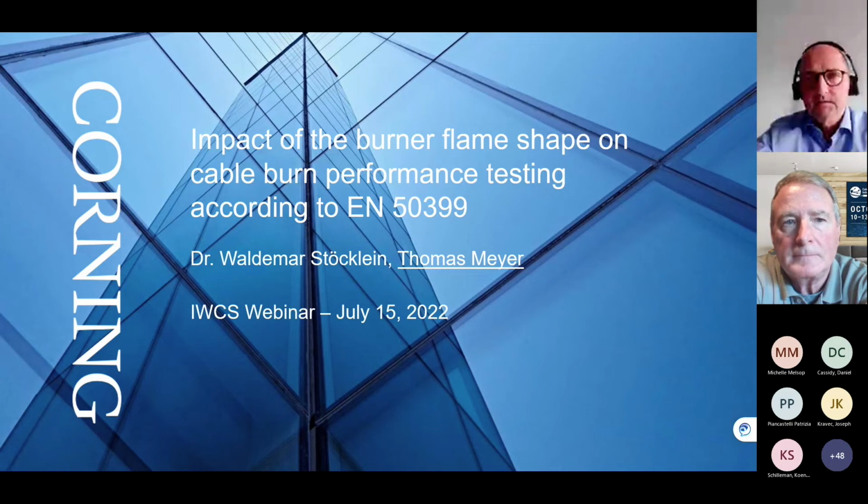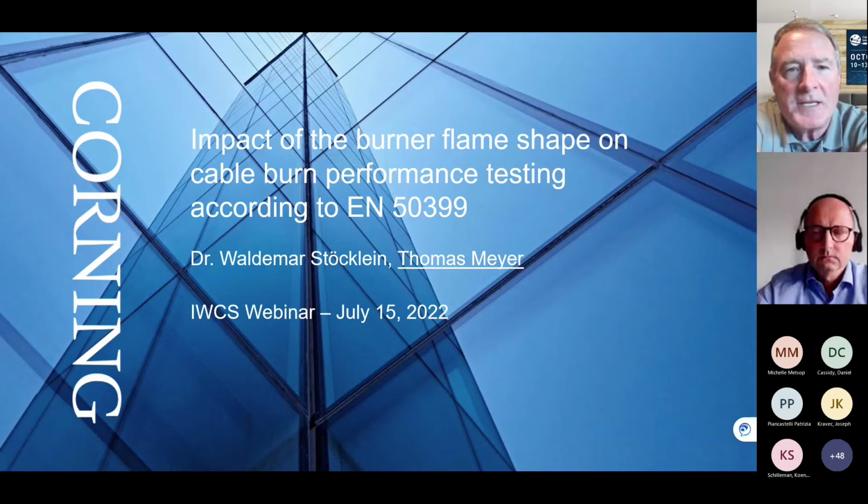What we have seen is that by changing the mixture within the tolerance ranges, sure, this will slightly change the flame shape, but this is not significant and has just a little impact on the flame spread, as we have proven, by roughly 0.1 meter. This is a slight improvement, but it's not significant.